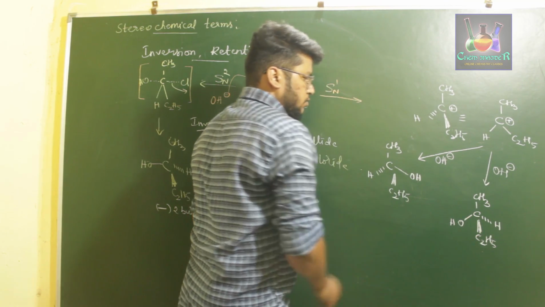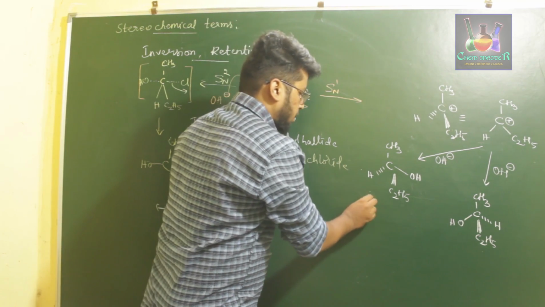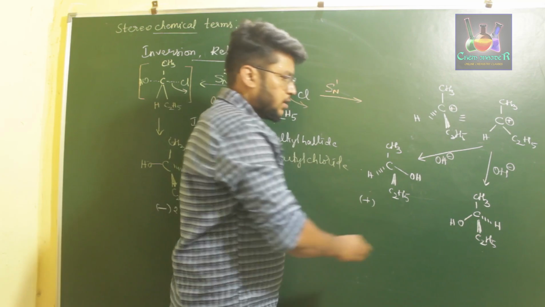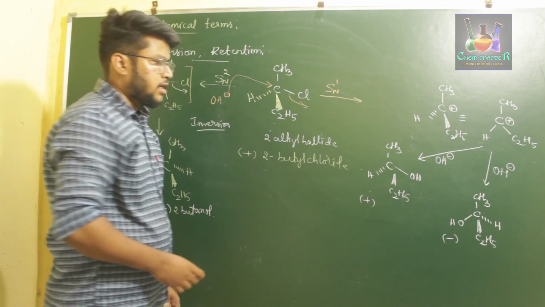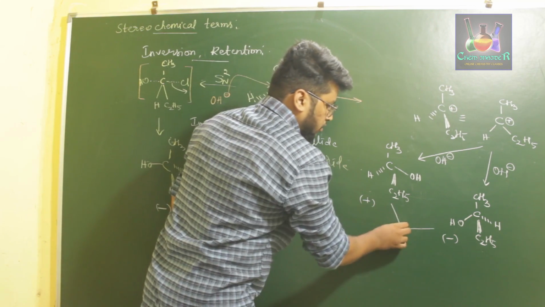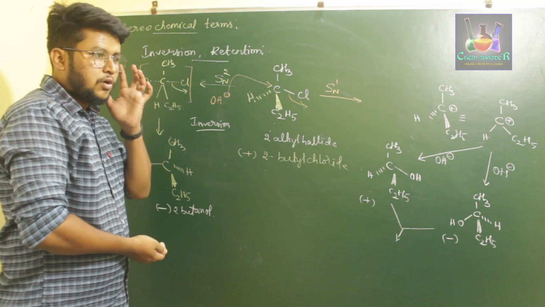So in one it is completely forming a positive type of compound, that is the D isomer, and in the other one it is forming an L isomer.